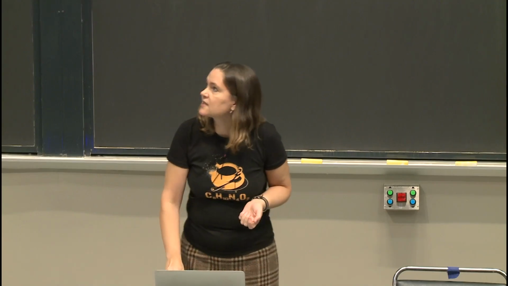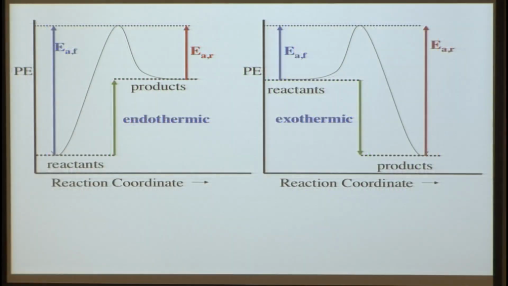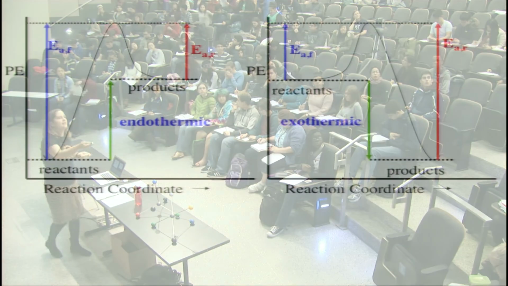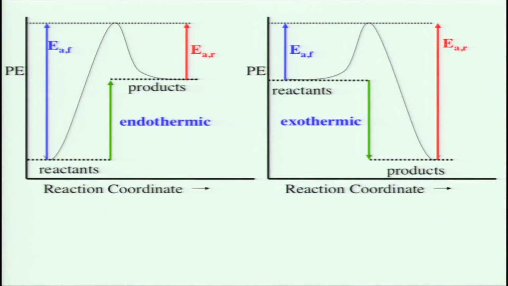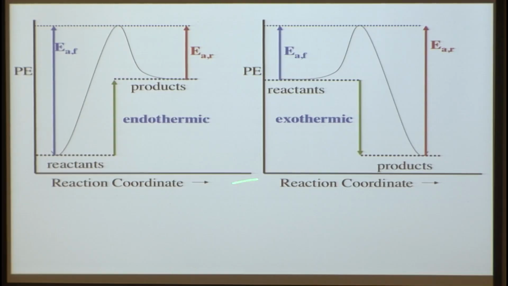So we ended last time with these two diagrams. And we identified one as endothermic and one as exothermic. So these, again, are our reaction coordinate diagrams. We have P on one side. What does P stand for again? Potential energy. It stands for other things too, but in a reaction coordinate diagram, that's what it is. And then the reaction coordinate going this way.